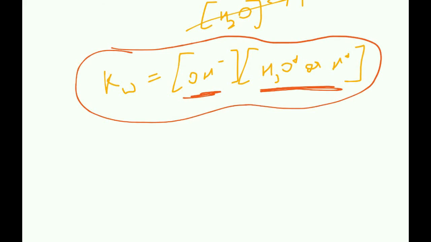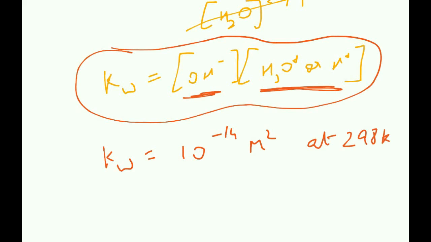So through experiments again, we found that Kw is 10 to the power minus 14 M squared at 298 Kelvin. So this depends on the temperature.